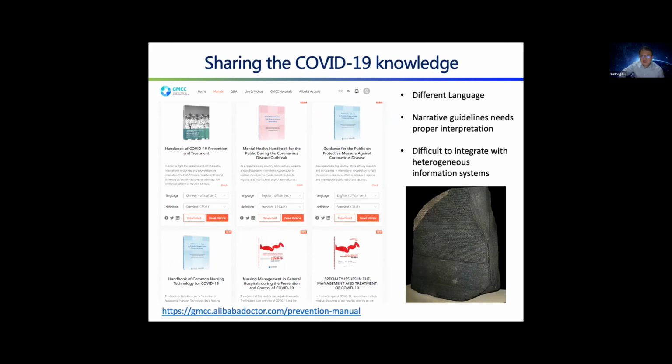But the question is that this knowledge often uses different languages, and it usually consists of narrative guidelines that need to be interpreted by humans, which is usually prone to error. Also, those text-based knowledge sources are difficult to integrate with heterogeneous information systems, and it's harder to prompt recommendations and alerts in time.